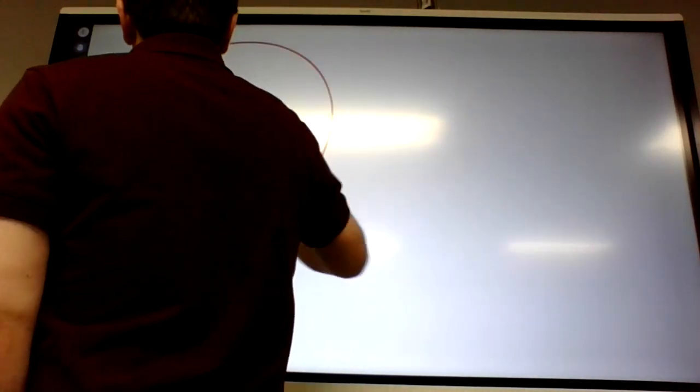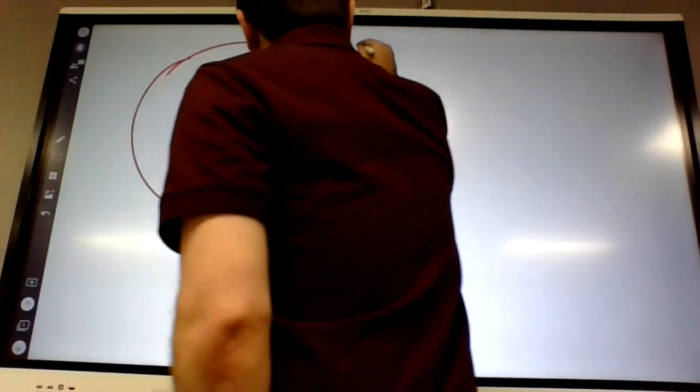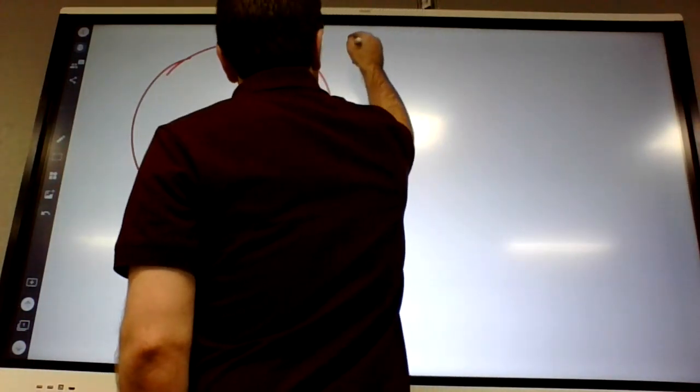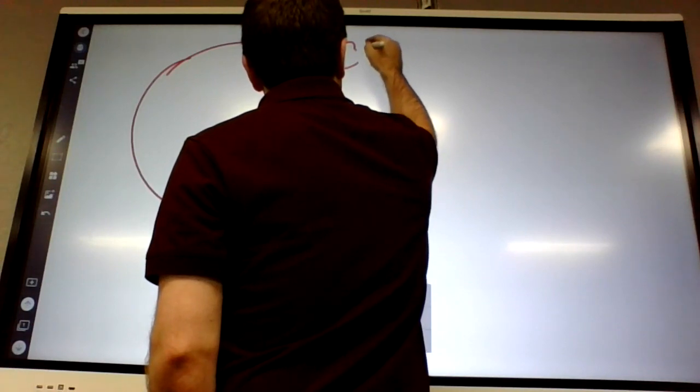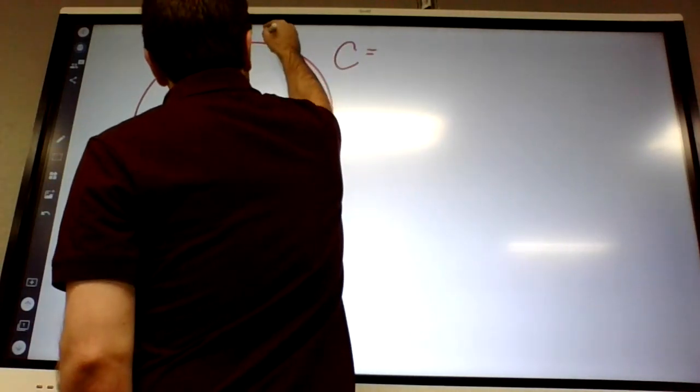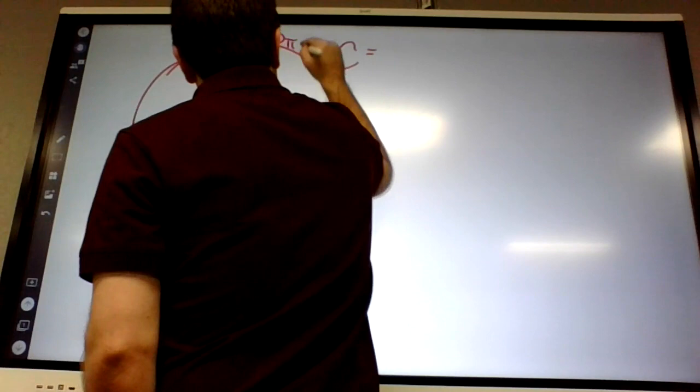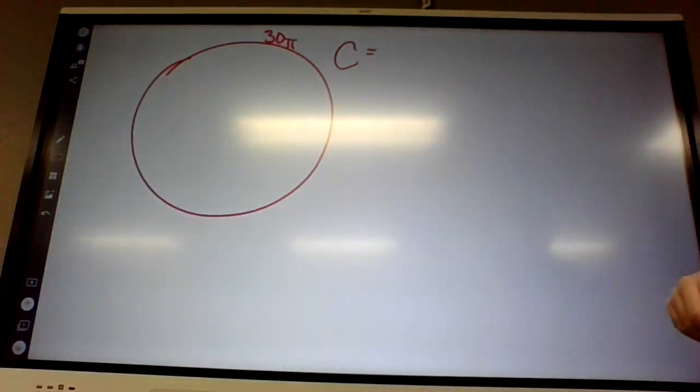35. Find the radius and area of a circle whose circumference is 30 pi. Okay, you guys remember what circumference means? The distance around the circle, 30 times pi. And my circles are getting good.